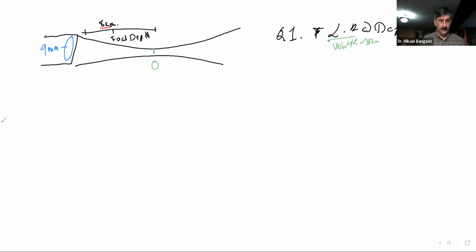What will be the width of the beam here? The width of the PCT was 9 millimeters. Here is just going to be half of the 9 millimeters, which is 4.5 millimeters.